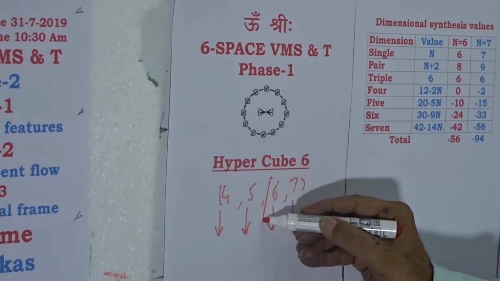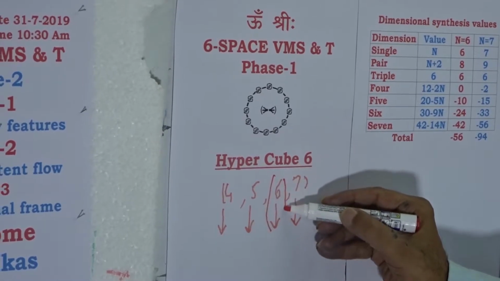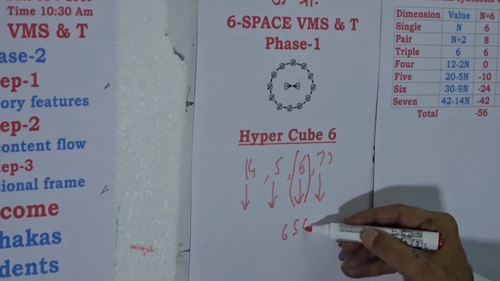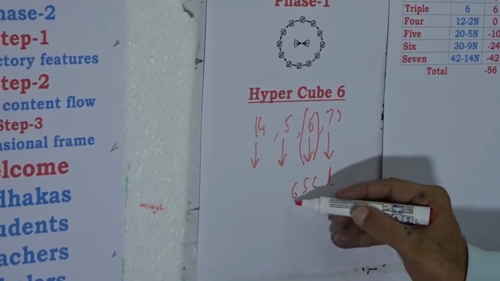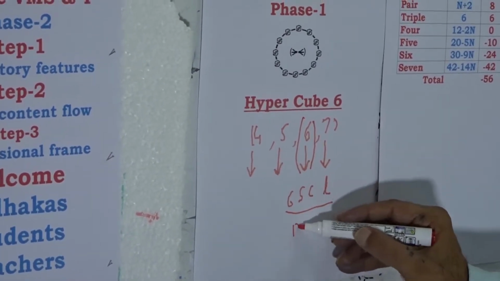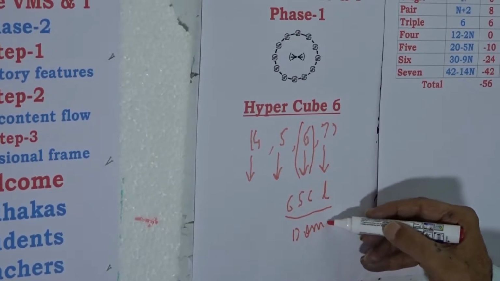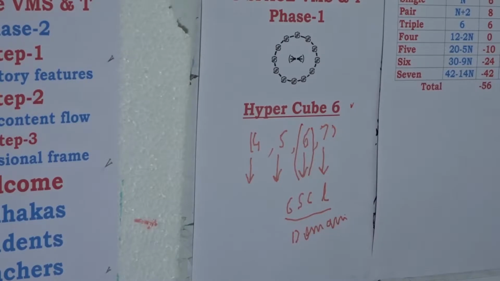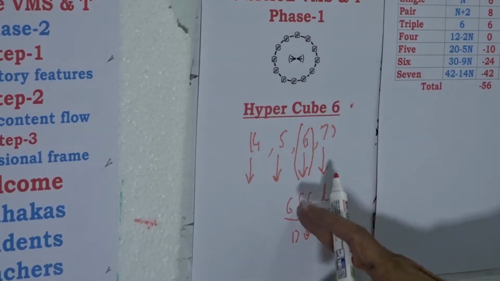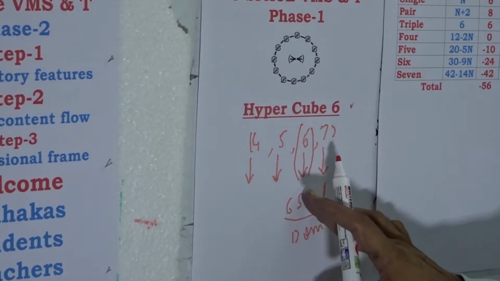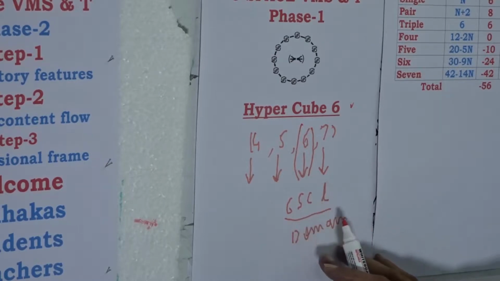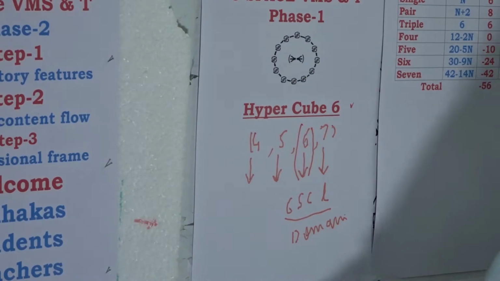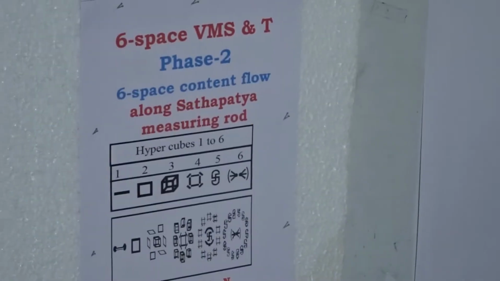Therefore, the domain fold of Hypercube 6 is a 6-space content lump manifesting and playing the role of a domain fold of Hypercube 6.